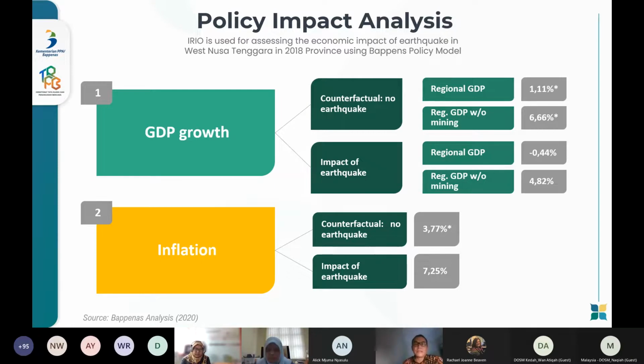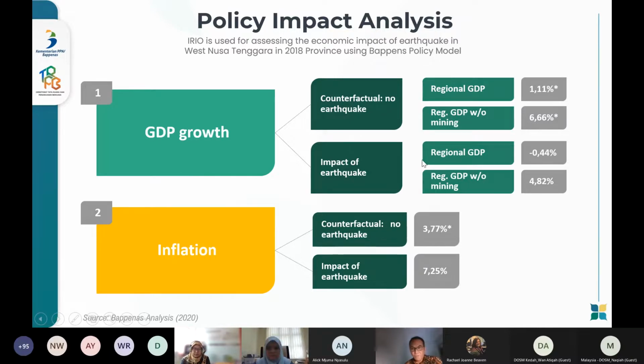Using this model, we can see that if there were no earthquake, the regional GDP would grow at 1.11%. That includes the mining sector, which is a large part of West Nusa Tenggara because of copper and gold mining. Newmont is very significant for local GDP. If we exclude the mining sector, the GDP would grow at around 6.67%.